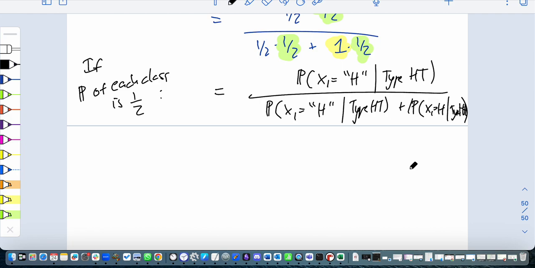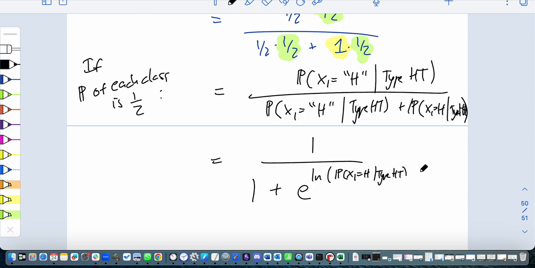And then what we did is we said, okay, you have a ratio like this. Anytime you have a ratio like this, you should think of the sigmoid function. And this is 1 over 1 plus e to the something. And what is the something? It is the log likelihood, the log of the probabilities. And instead of having a ratio inside the log, you have a difference. So it'll be the log of the probability of the evidence, x1 equals heads, given heads, tails, minus the log of the other one.